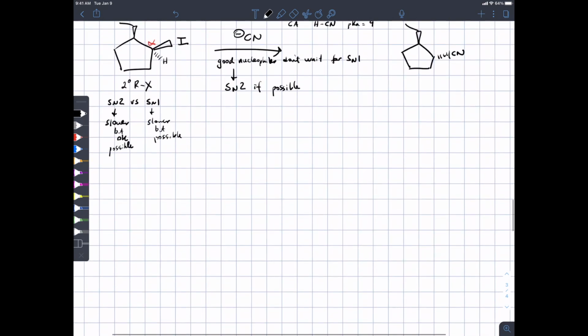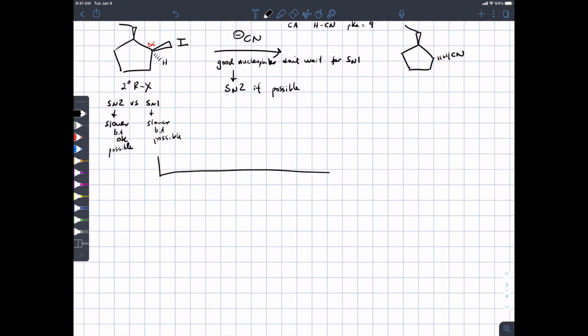Now let's change it to SN1 just by changing the nucleophile that we're using. Let's use water. Water is a poor nucleophile, and poor nucleophiles don't do SN2. They're not reactive enough. They have to wait for the leaving group to leave.